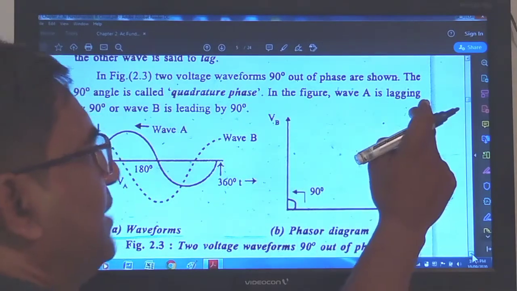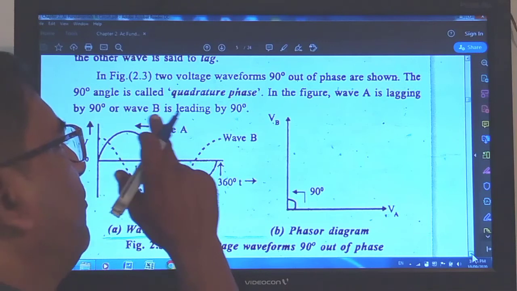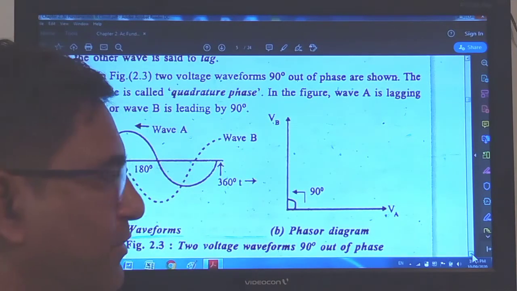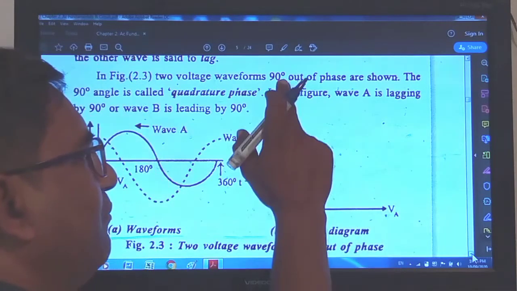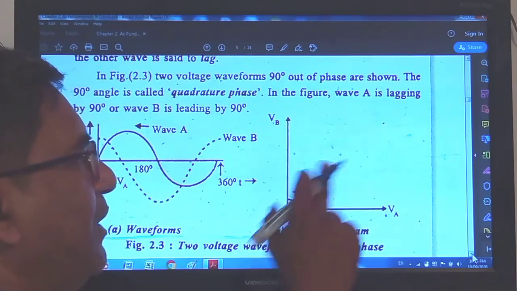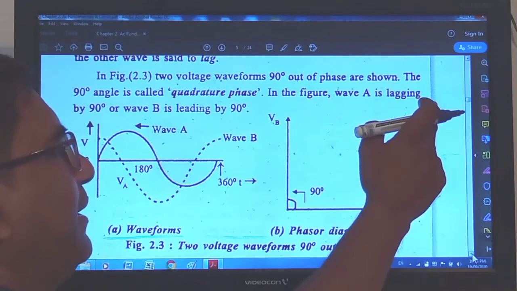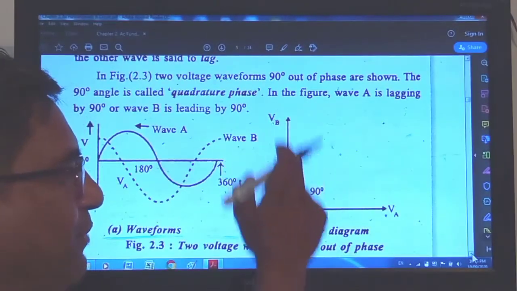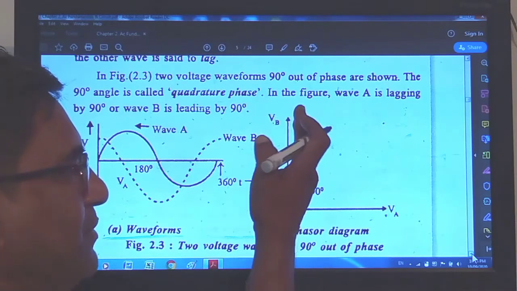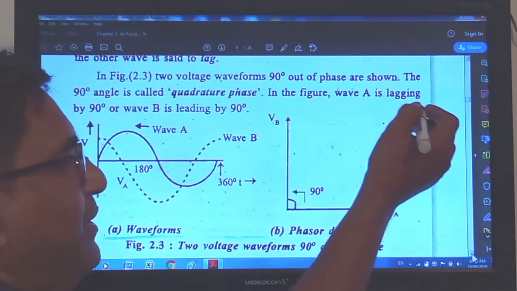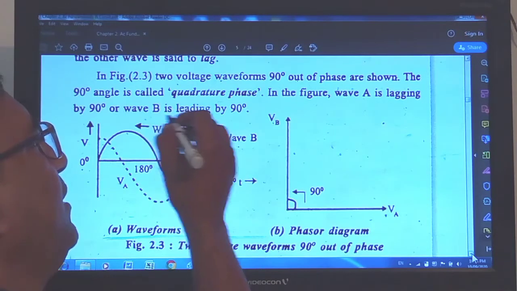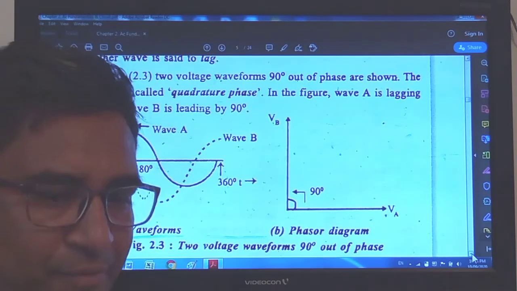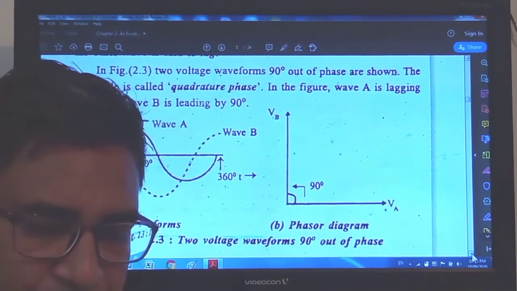So A is lagging by 90 degrees, or wave B is leading by 90 degrees. You can interchange both statements. VA is back and VB is in front. So you may say that VA is lagging and VB is leading by 90 degrees. This is the phasor diagram for the waveform.